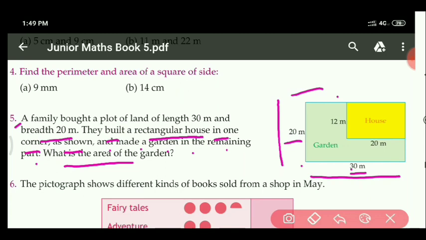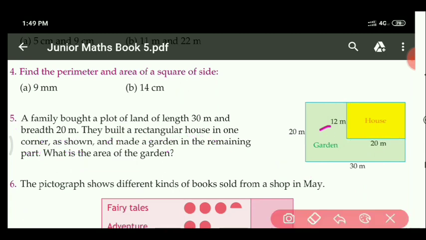And they built a rectangular house, which is also given here, with length 20 meter and breadth 12 meter. And it asks, made a garden in the remaining part. As you can see, this green part is the garden portion. So what is the area of the garden?